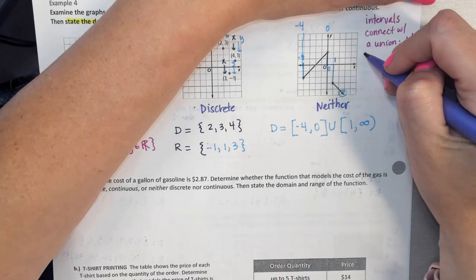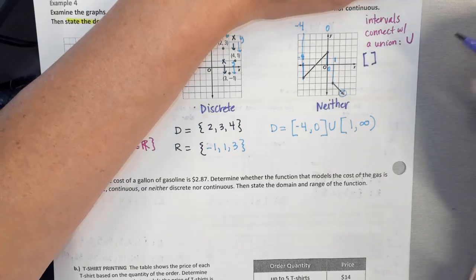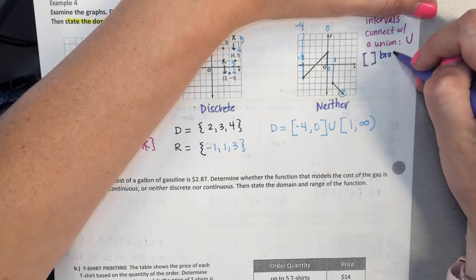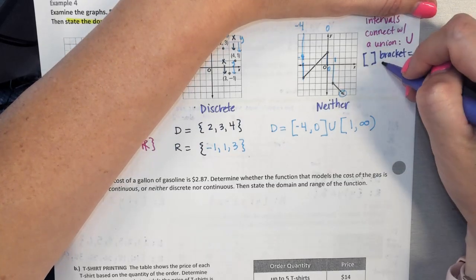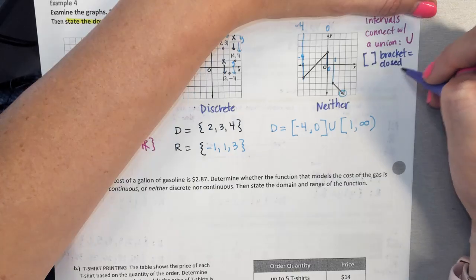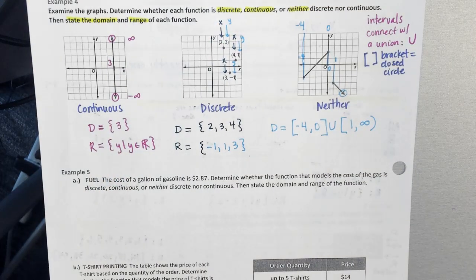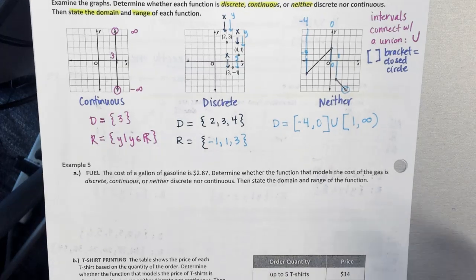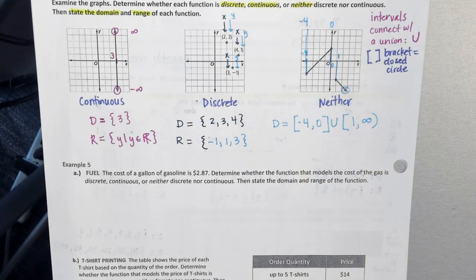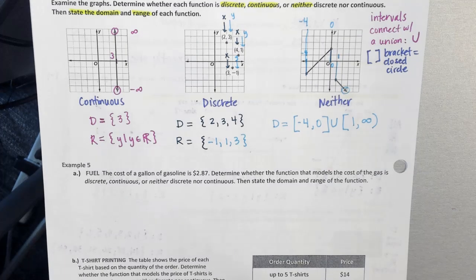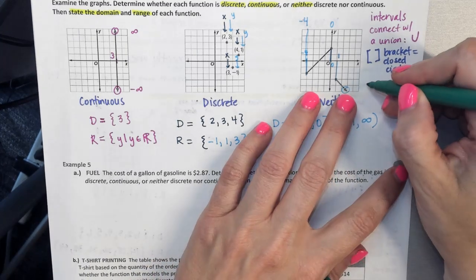Okay, so if you have a bracket, that means you have a closed circle. That means it's inclusive. Okay, so brackets will have closed circles on your graph. And then parentheses are going to have an open circle.